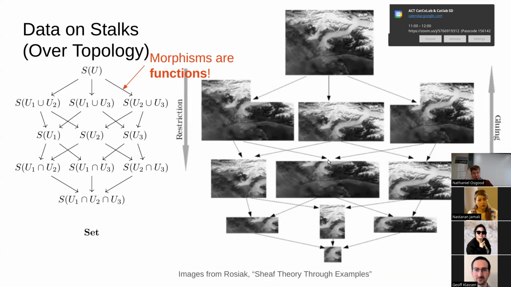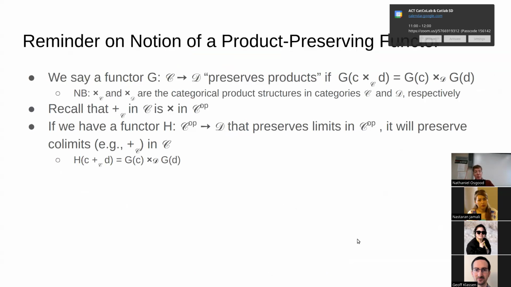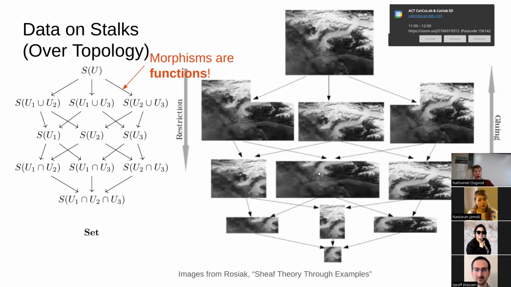Going down this way and this way, restricting has to give, for the overlap, what I get here in restricting here. And the same thing for this, and the same thing all the way down. And if we have that, we have the subset of all behaviors over U that are all consistent in their picture of what's going on across the space.